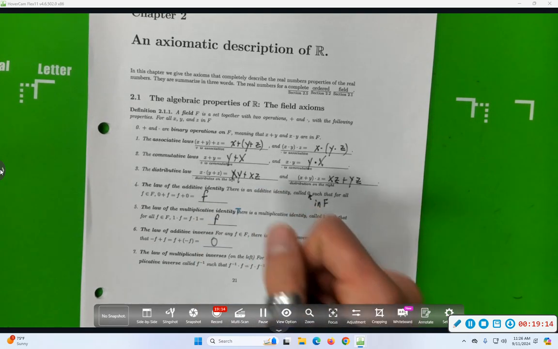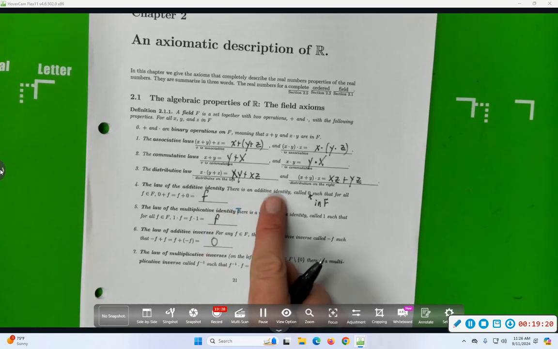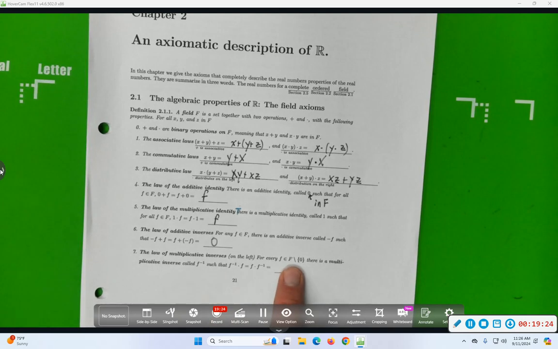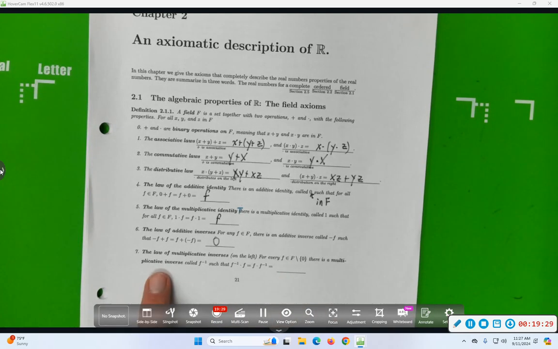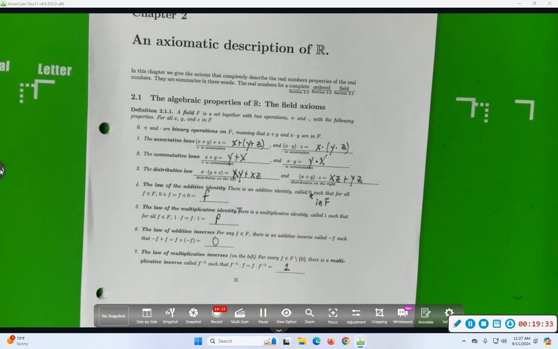You know what I'm going to put in that line, right? When I add those two things together, I should get the additive identity, which appears in item 4. Law of multiplicative inverses. For every f other than 0, there's a multiplicative inverse called f inverse, so that when you multiply it by f, you get 1. That feel pretty good?